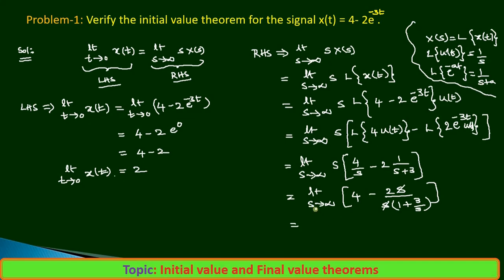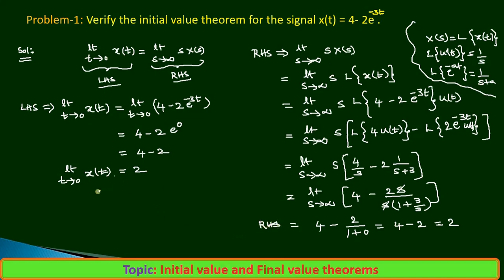Now we can apply the limit s is infinity. Inside the function we get 4 minus 2 by 1 plus 3 by s. 3 by infinity gives 0. So that equals 4 minus 2 by 1, which is 2. So this is the RHS, the right part of this expression.